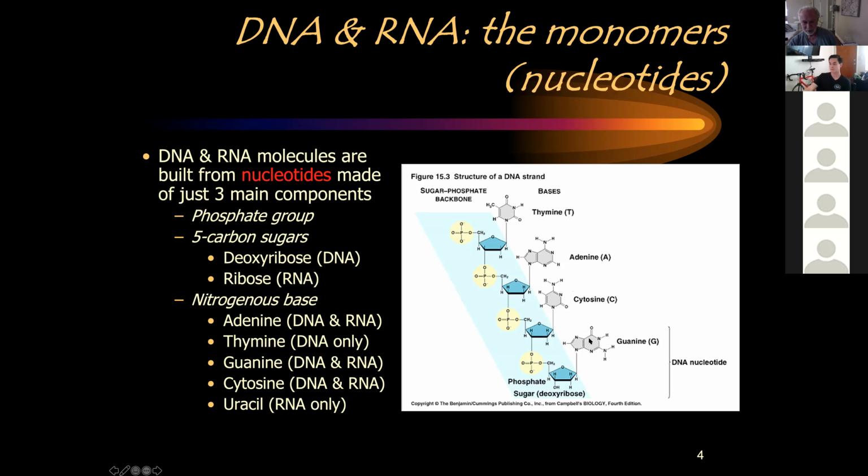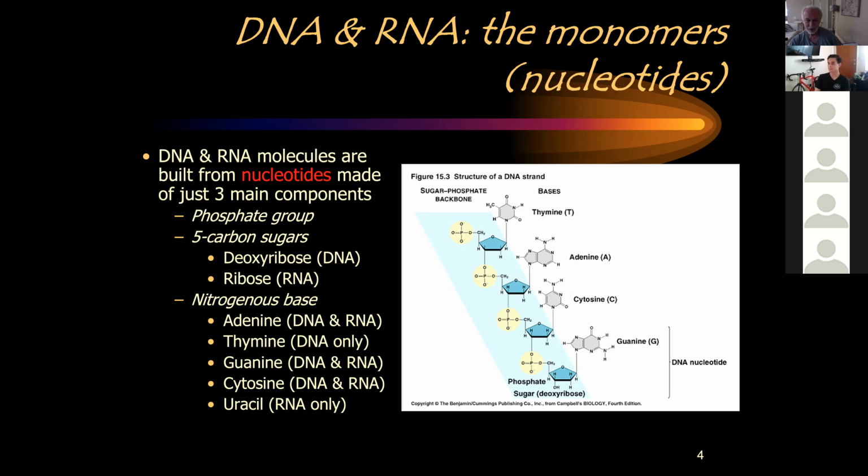And if you look carefully, you see that the structure of each of those is different. Whereas in the case of the sugar and the phosphate, the structure is the same in every repeating unit. And so a nucleotide is the three-component structure: the phosphate, the sugar, and the nitrogenous base. So remember that. That is what constitutes a nucleotide.